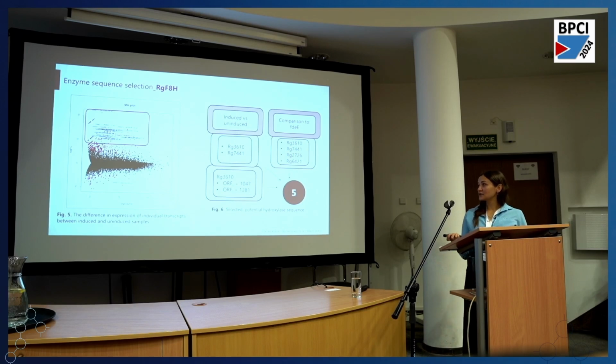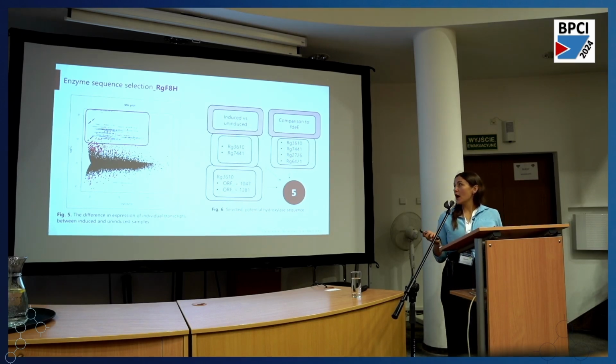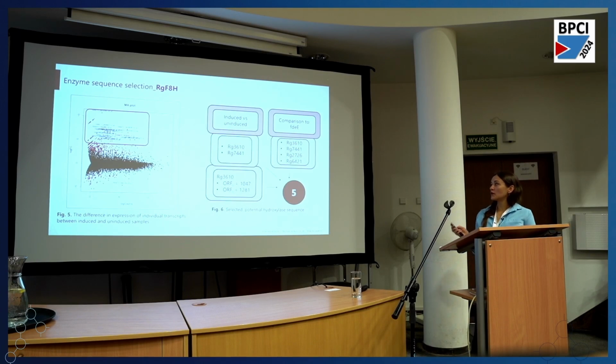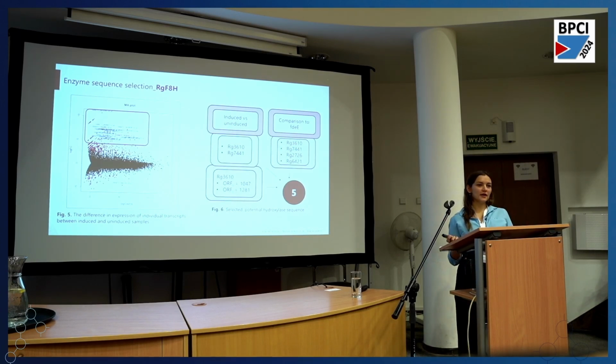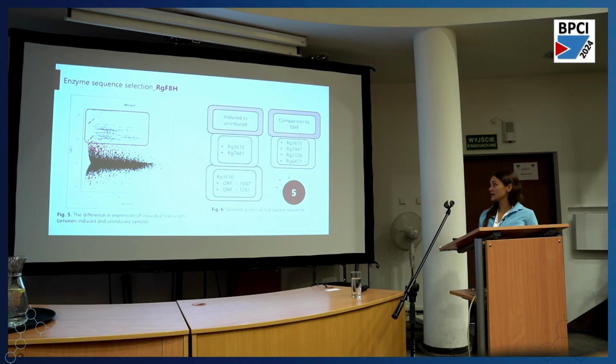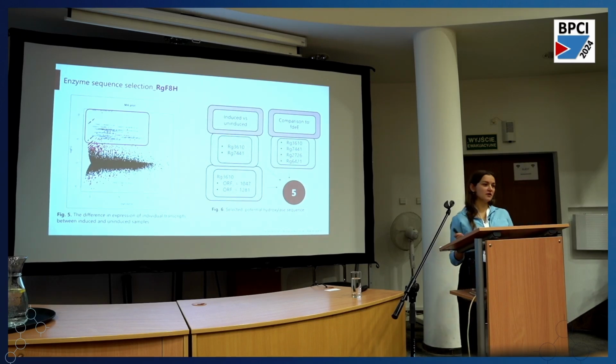And after that, based on the differences in the expression, and also on the comparison to already described C8 hydroxylases, we were able to select 5 potential sequences for further investigation.